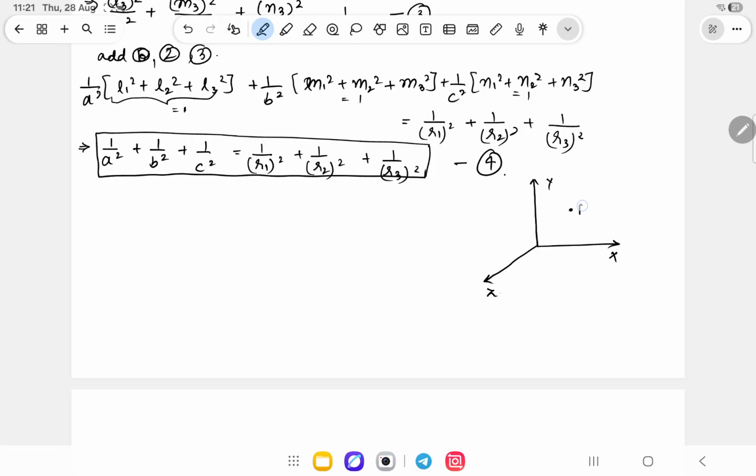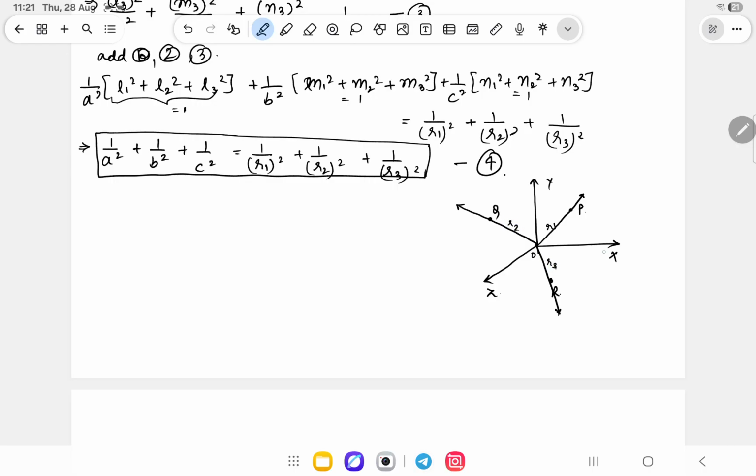If this is, let's say, my point P, this is my point Q, and this is my point R, and I join OP, likewise I can join OQ and OR. So OP is basically my R1, OQ is my R2 and OR is my R3.